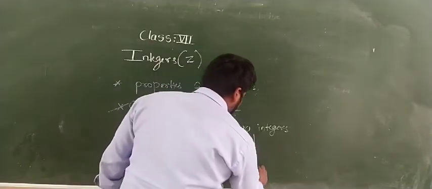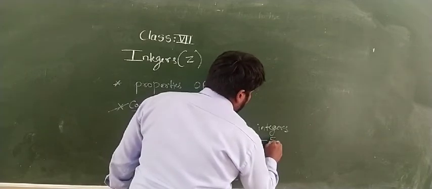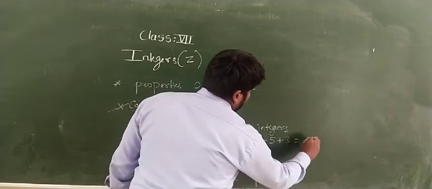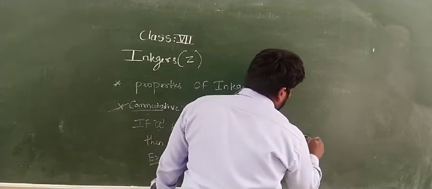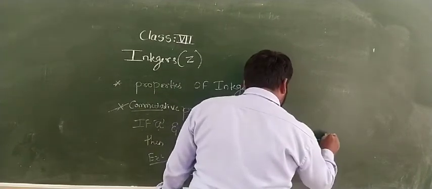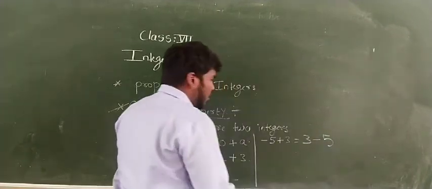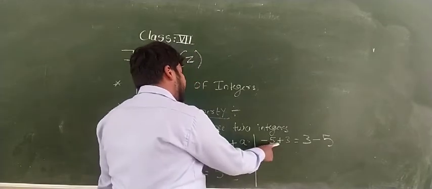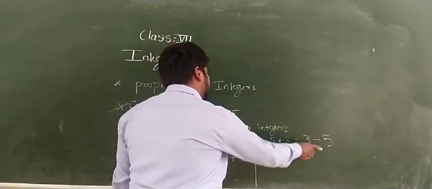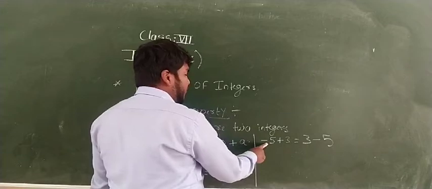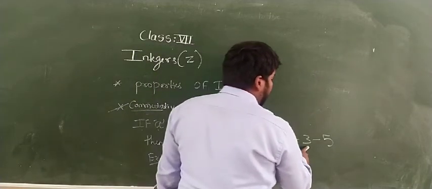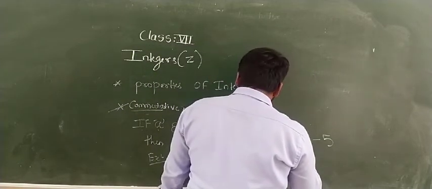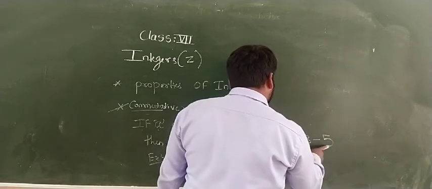One more example, if I take minus 5 plus 3, again 3 plus minus 5. Here A is minus 5, B is plus 3, and then B is 3 and A is minus 5.